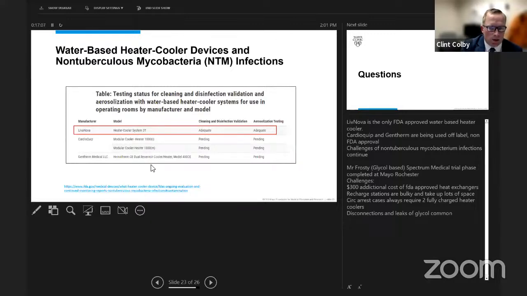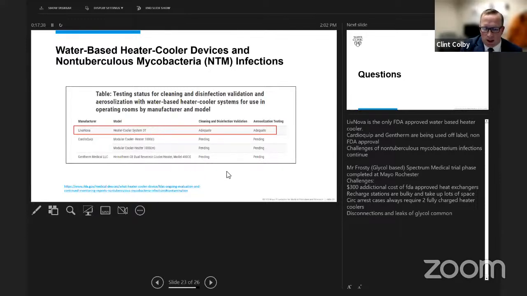We've been using the CardioQuip here for probably 5 years, and we've recently had a possibility of an infection, and heater coolers are getting tested again. So all water-based heater coolers have that chance of NTM infections. LivaNova and Sorin 3Ts are really the only ones that have made some advancements to this.